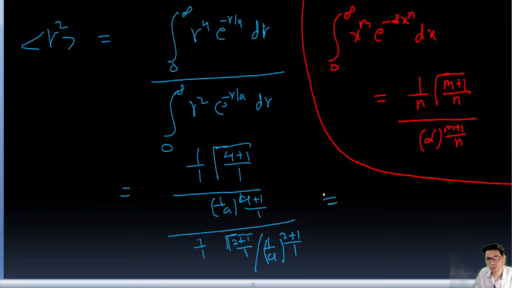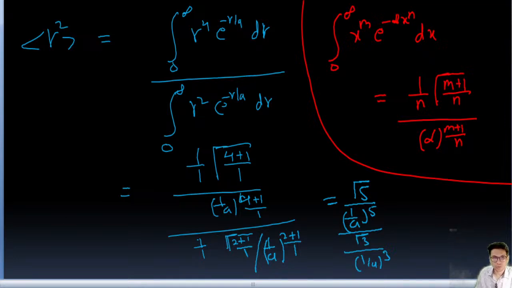So this value, if you write it, is gamma 5 upon 1 upon a to the power 5, upon gamma 3 upon 1 upon a to the power 3. Okay, this is the one.